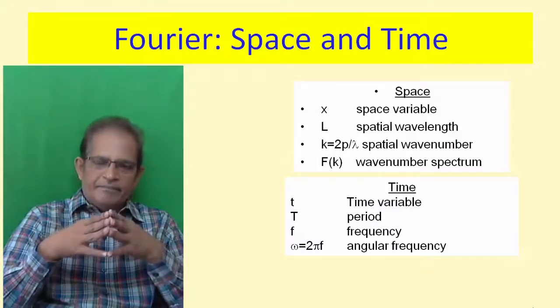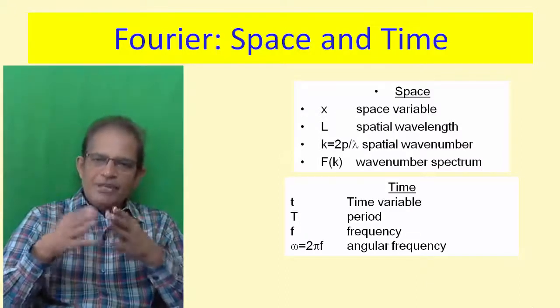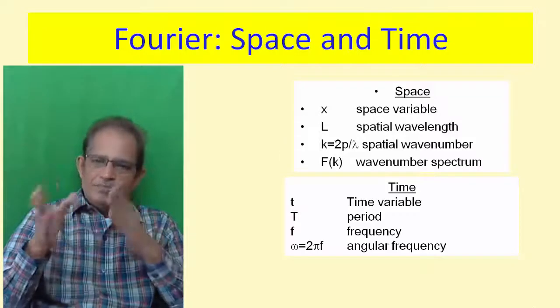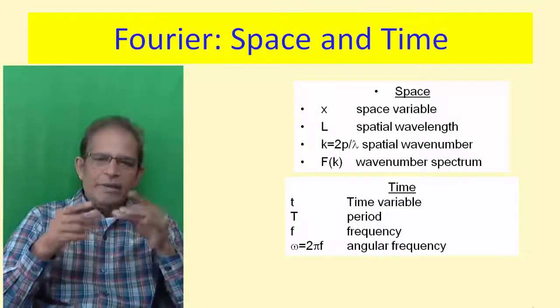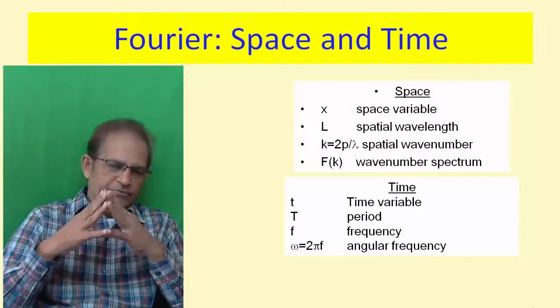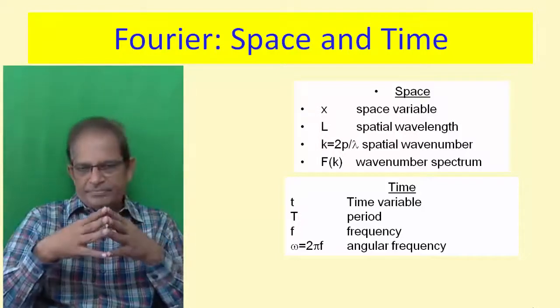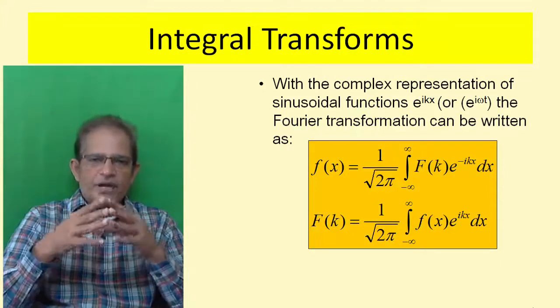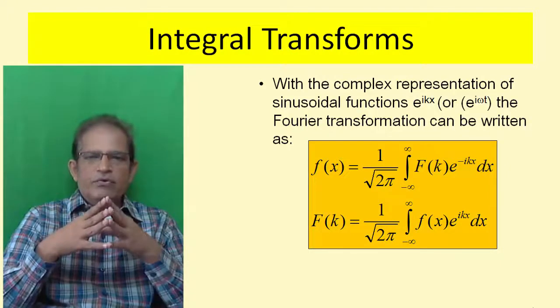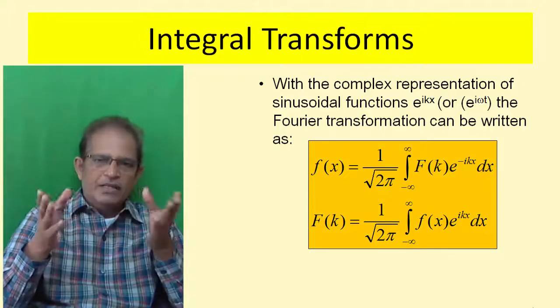And time: small t is the time variable, capital T is the period, small f is the frequency, omega is equal to 2 pi f, the angular frequency.